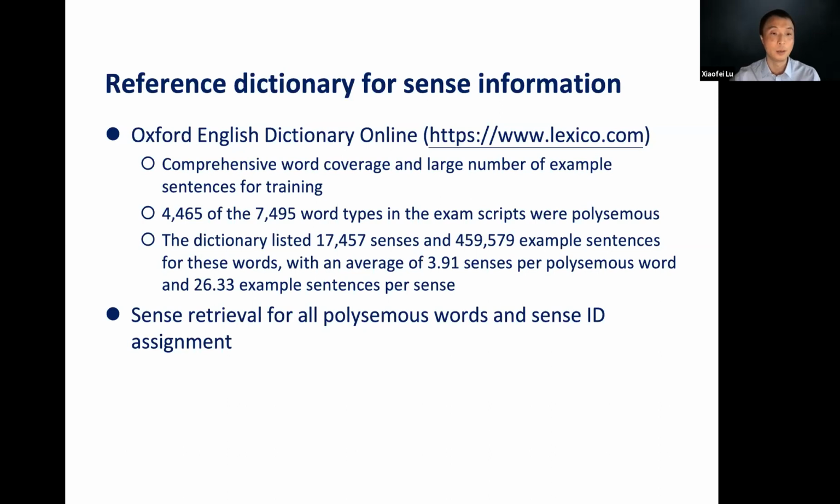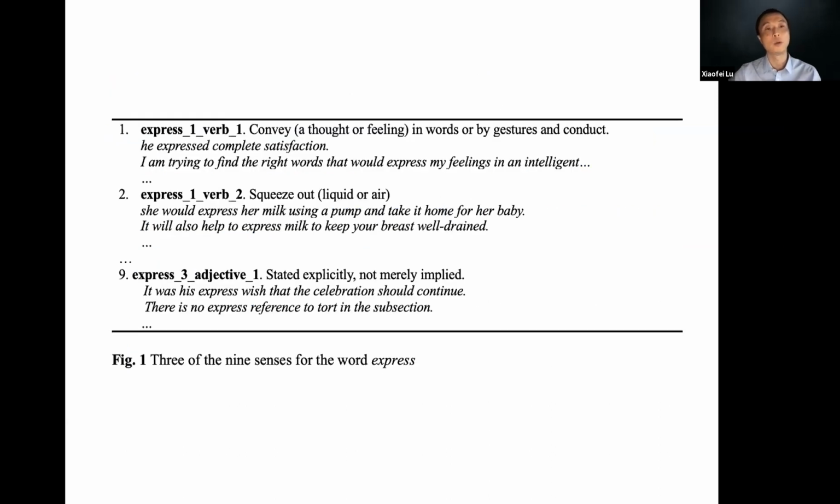Then we retrieved the sense information for all polysemous words, and built a sense ID for each sense. The way we did that was something like this. First, the word express appeared in the exam script, and we found that it is polysemous in the reference dictionary. So we would retrieve the sense information for this word.